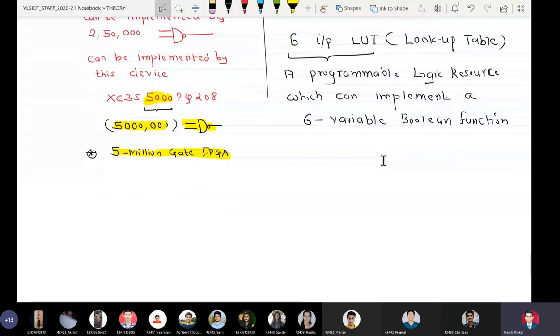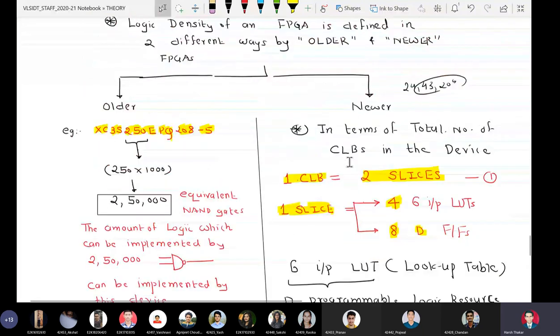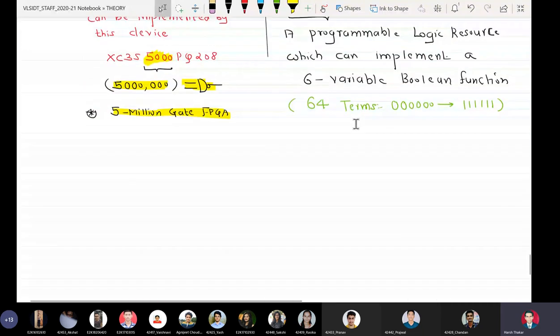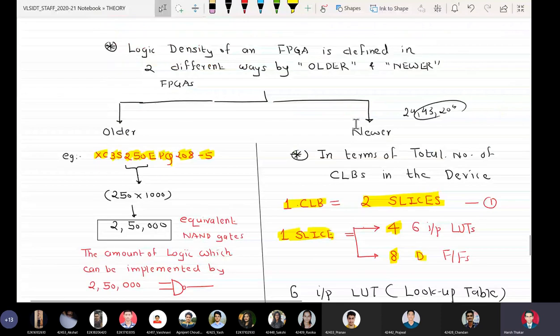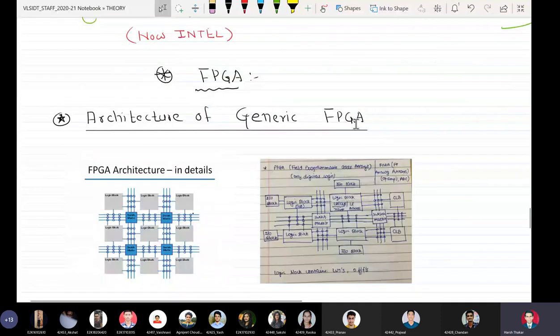Okay, that means 6 input LUT has the ability to implement 64 terms, that is from 6 zeros to 6 ones in the canonical form. Okay, very clear.